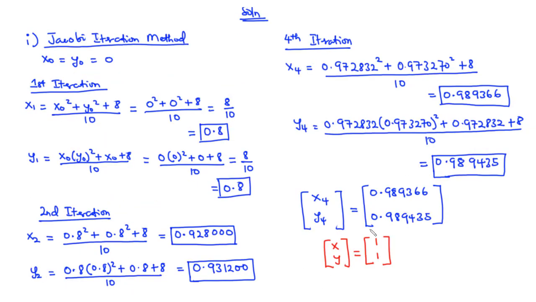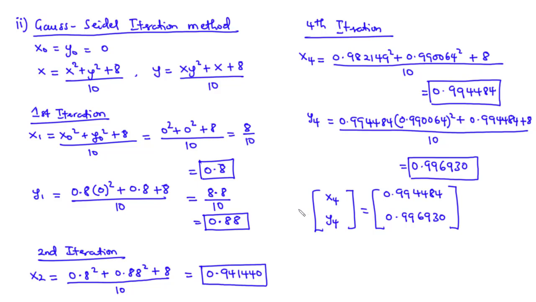Now, comparing these two sets of values obtained as a result of the Jacobi iteration and the Gauss-Seidel iteration method, you realize that the values for the Gauss-Seidel iteration method are much closer to 1 as compared to the Jacobi method. Now let's do the comparison. For Gauss-Seidel you have 0.994484 for x.